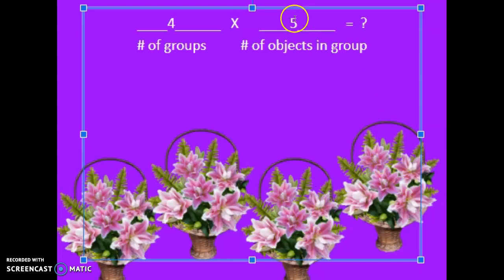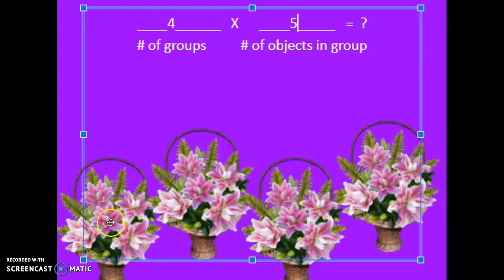I could also just count by ones and count all the flowers that I see to get the answer. But in this particular problem, I could count by fives, which we learned how to do in first and second grade. So 5, 10, 15, 20, and my answer would be 20.